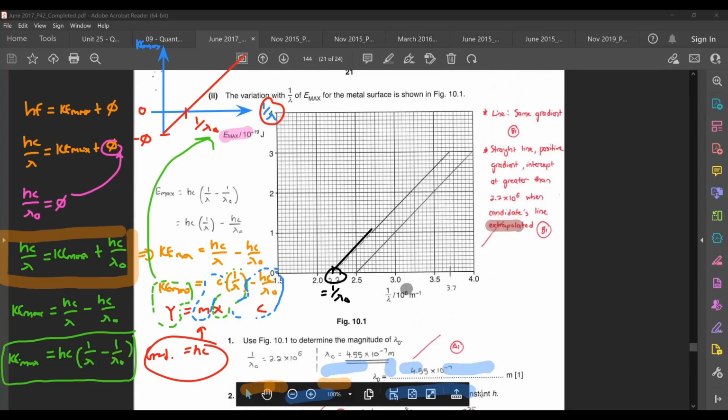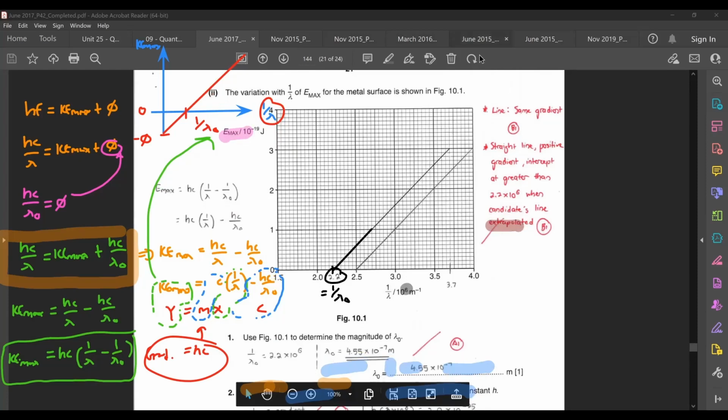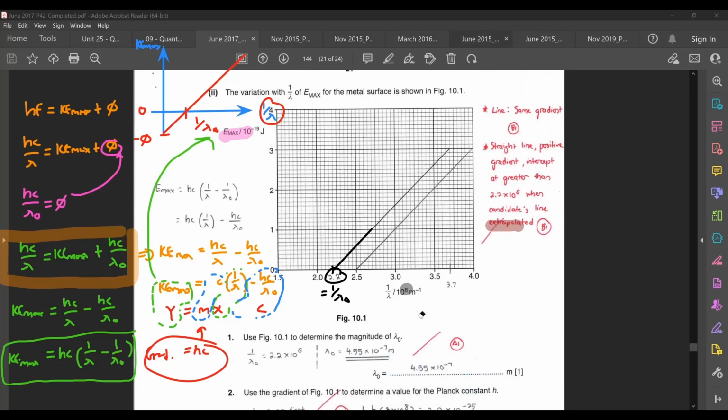Right now, if you recall the original equation for photoelectric emission, the photoelectric equation, I showed you that you can derive it into this form and equate it to a straight line equation, where subsequently you get a straight line graph with a negative y-intercept.